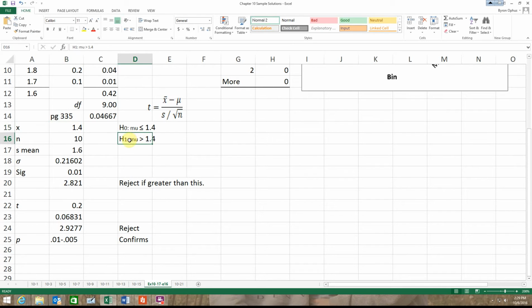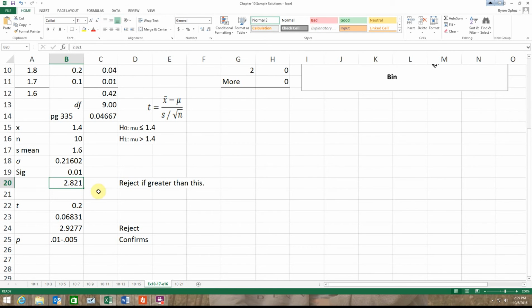So I want to know if in my alternate hypothesis, if mu is greater than 1.4. Okay, so my null hypothesis then is that it's less than or equal to 1.4. So I'm going to reject if it's greater than this. I'm going to reject the null hypothesis and accept the alternate hypothesis, right?